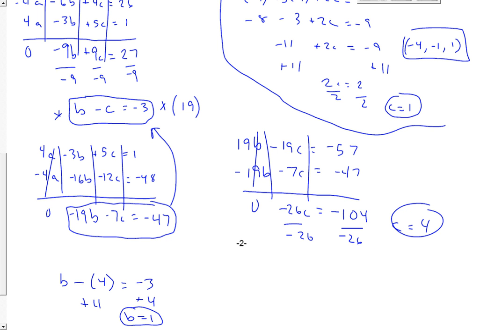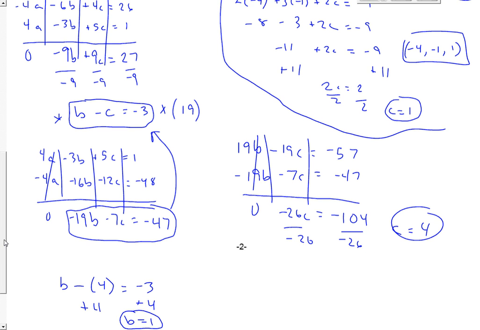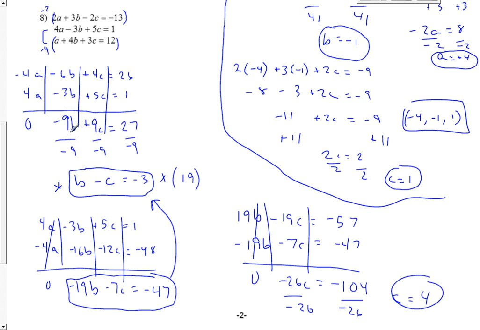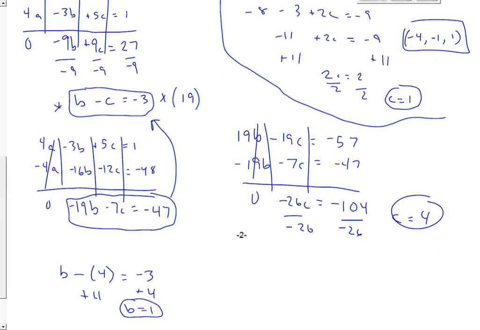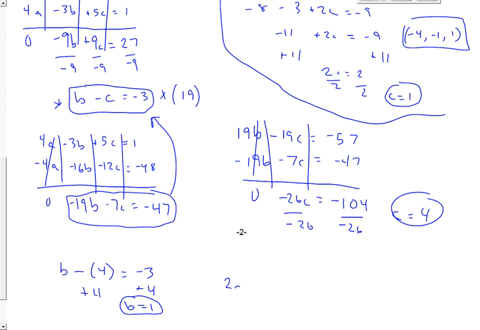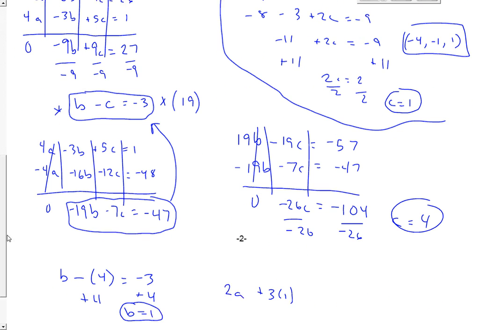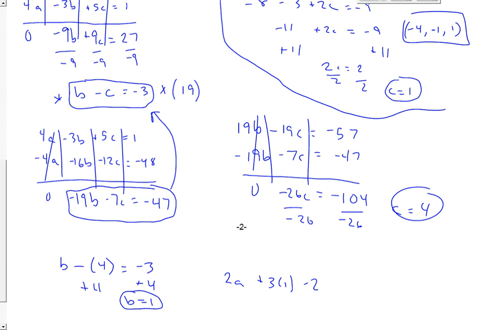And now I go back up to one of the original equations. I could take the first one, so 2a plus 3b, and I'm looking for a, so 2a plus 3 times 1 minus 2c, so minus 2 times 4 is equal to negative 13.